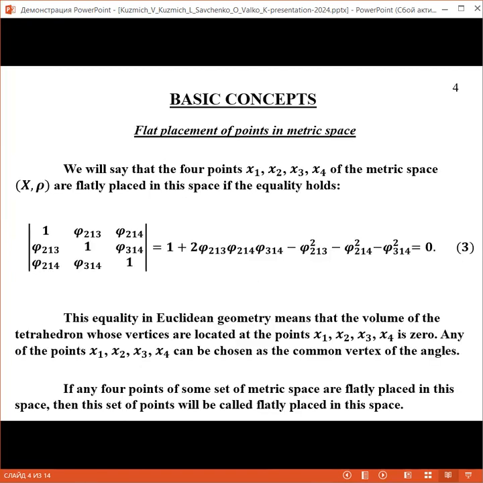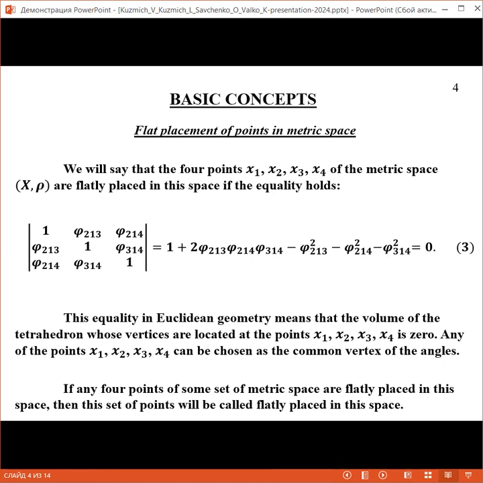With the help of the concept of the numerical characteristic of an angle, it is possible to write down the definition of the flat placement of 4 different points of the metric space. We will say that the 4 points x1, x2, x3, x4 of metric space (X, ρ) are flatly placed in this space if the equality holds. Formula 3.